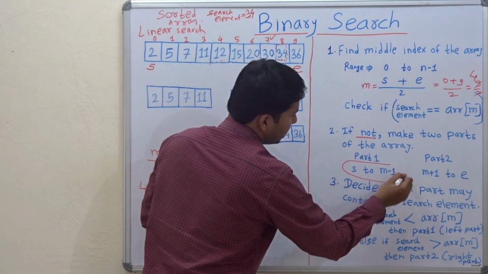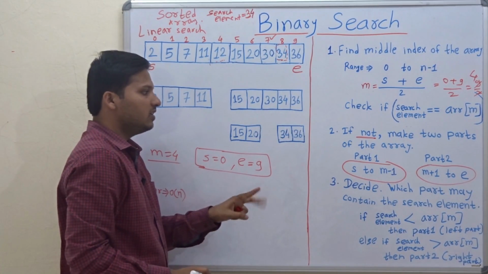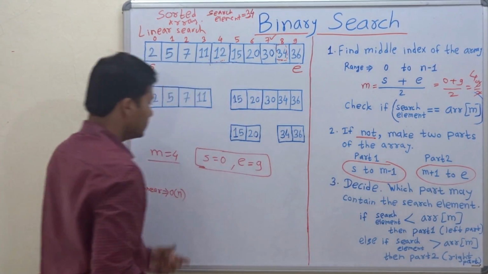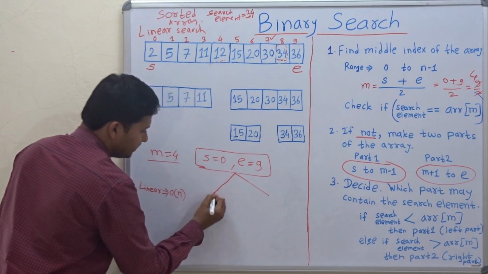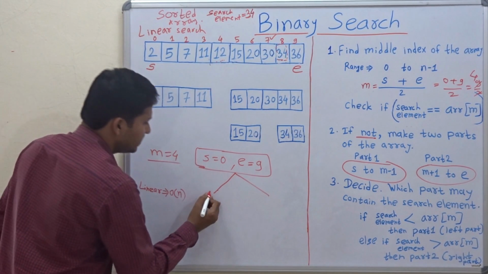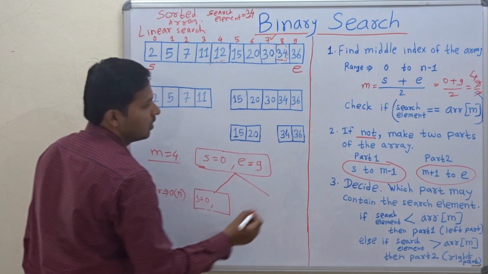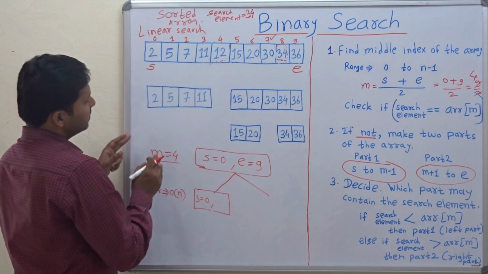So as 12 is not equal to 34, now you have to follow the process to divide. Part 1 and part 2 are the two parts we get after dividing the array. Part 1 is s to m minus 1. So that is the index. See here, s is 0, so s equal to 0 to m minus 1. What is m minus 1?